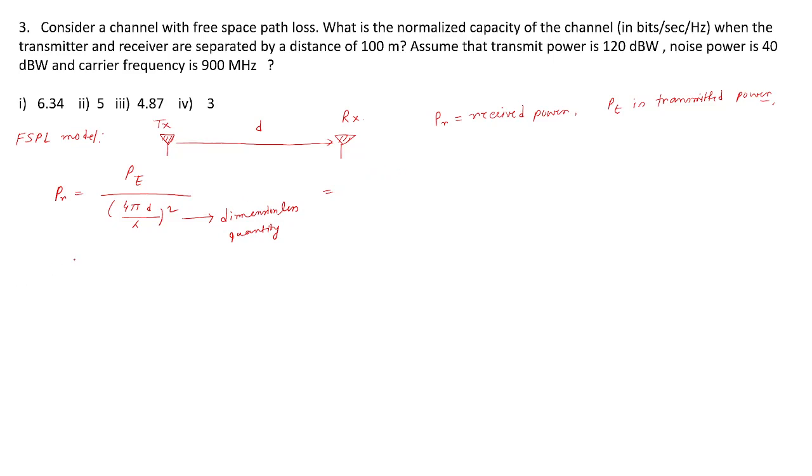By the way, let us write down what these are. PT is the transmit signal power, PR is the receive signal power, d is the distance between transmitter and receiver, as mentioned in this question, and lambda is the wavelength of the signal.